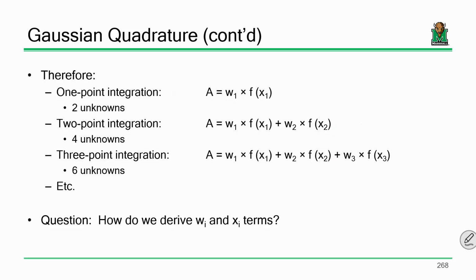That's what we're after. All right? So if we were dealing with 1-point integration, we'd have 2 unknowns, the weight and the sampling point. If we were dealing with 2-point integration, 4 unknowns. 3-point integration, 6 unknowns. Kind of get the pattern? Okay, let me show you how we derive these terms. It's actually pretty simple, okay?